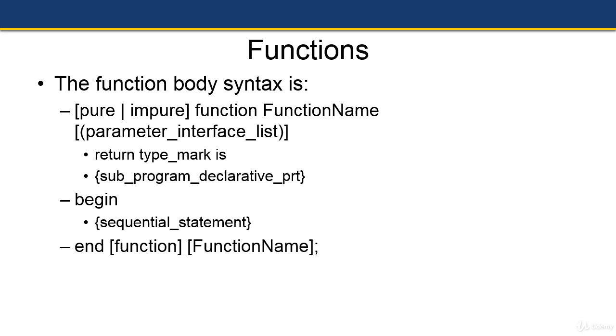Something else I wanted to say about pure is the keyword pure. If there's no pure or impure in front of function, then pure is assumed. An impure function need not return the same value each time it is called with the same parameters.